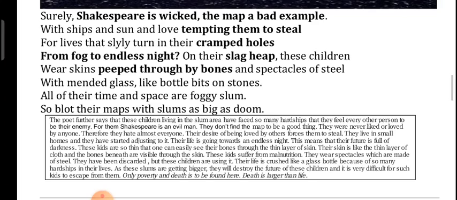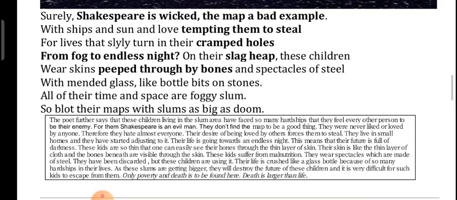Surely Shakespeare is wicked, the map a bad example, with the ships and sun and love tempting them to steal for lives that slyly turn in their crammed holes from fog to endless night.